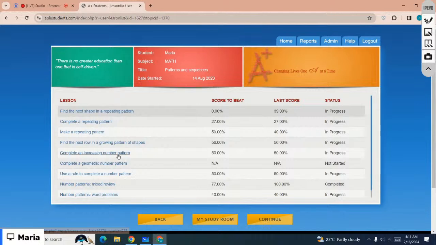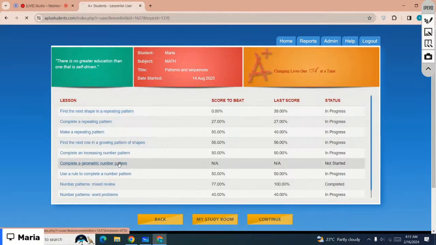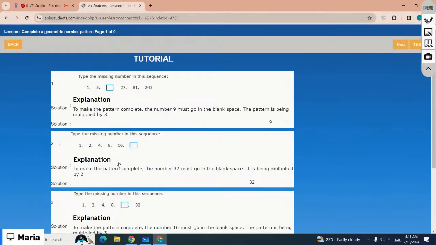Okay, the next one is complete a geometric number pattern. Let's just see what is a geometric number pattern, right? Type the missing number in the sequence. Let me explain what a geometric number pattern is. You have two types of patterns. One of them is the arithmetic number pattern, and the other one is the geometric pattern, right?